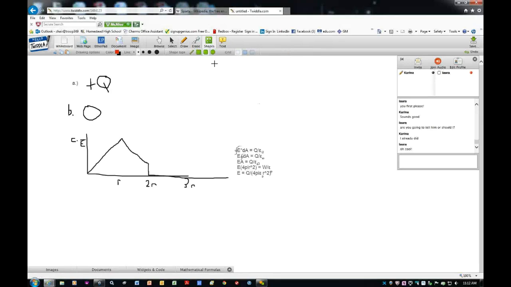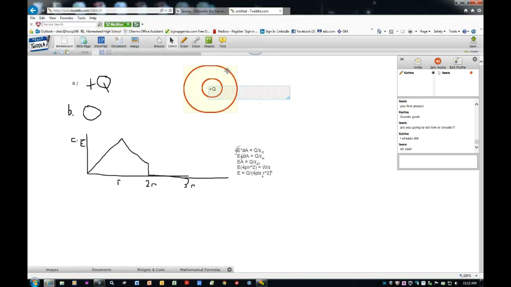So here's the insulator in the middle, and I think we all agree that the charge of that is positive Q. If there is another shell around it, and let me draw another circle here.